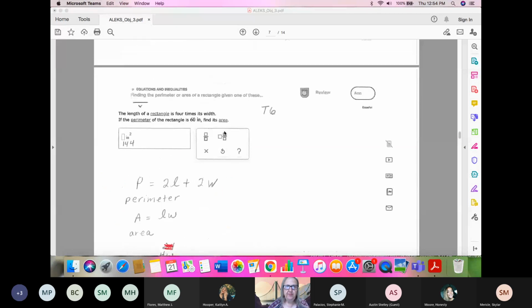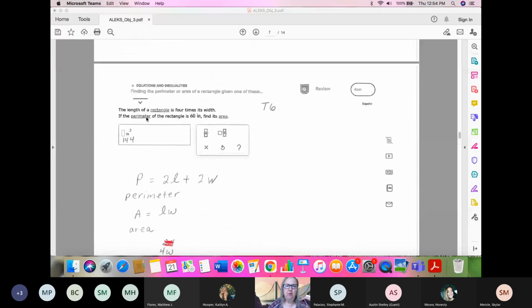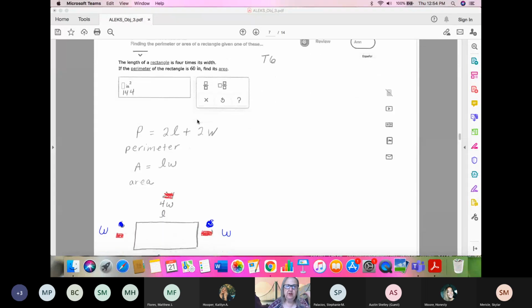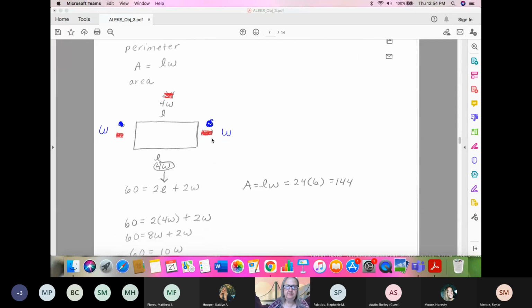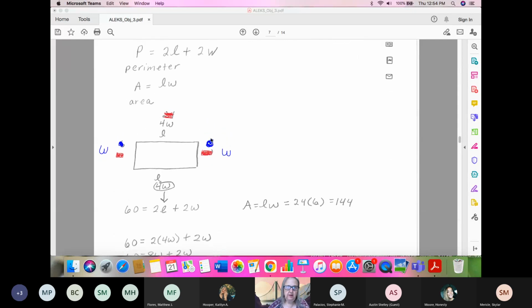So we know that if the perimeter of the rectangle is 60 inches, perimeter is equal to 2L plus 2W. But we are told that the perimeter is 60 inches. So I took out the P and put in 60 equals 2L plus 2W.